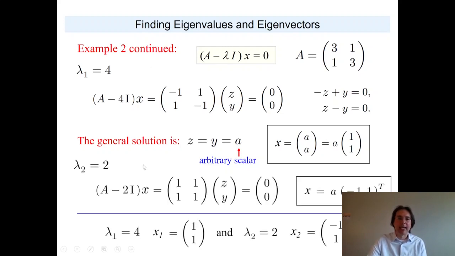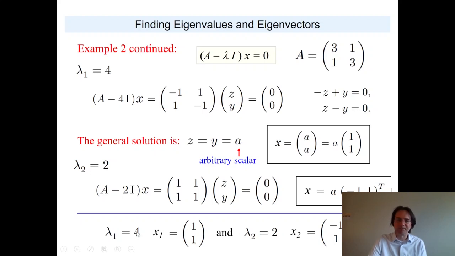Good. Second case, lambda 2 is equal to 2. In this case, our characteristic matrix will be equal to A minus 2I. We write this as follows: 3 minus 2, 1, 1, and 1, so all ones, the unit matrix, multiplied by (z, y) is equal to 0. Good, so by inspection, it's clear that any vector of the form a times (minus 1, 1) transpose, T stands for transpose, will be a solution of this system of linear equations.